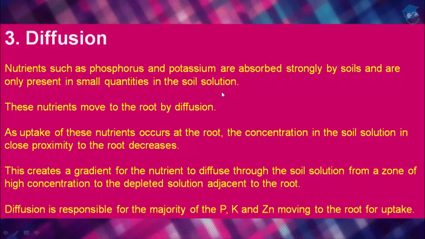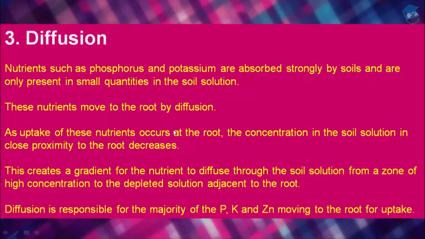I have already taught you that phosphorus and potassium are present in small quantity in the soil solution, so they must be absorbed strongly by soil, right? So these nutrients move to the root by diffusion, students.